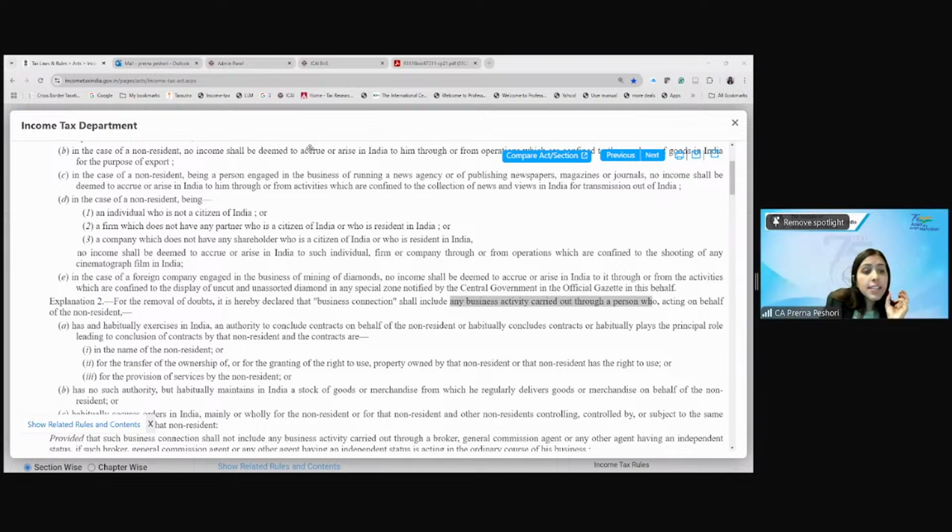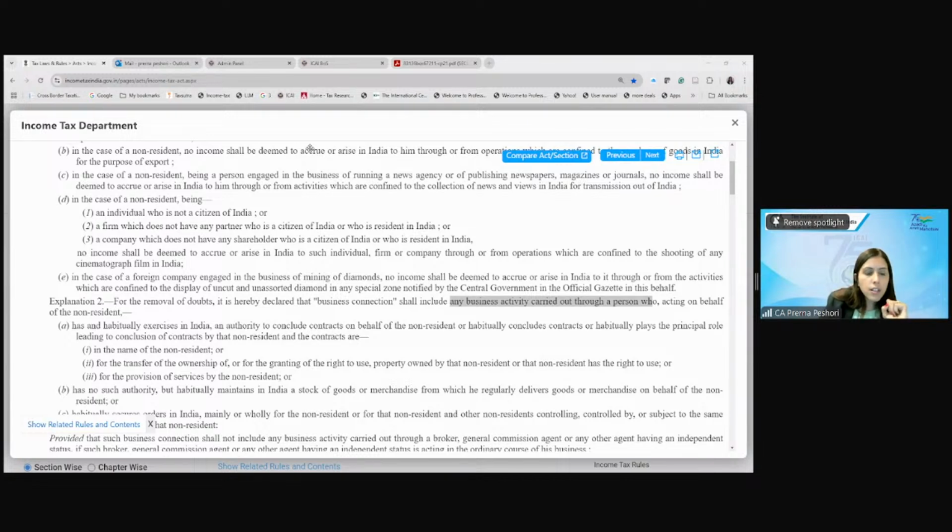So this was leading to tax avoidance, isn't it? Because if you do not have a business connection in India, obviously your business income will not be taxable in India, because your agent is not technically concluding the contracts in India. So this was a major tax avoidance concern which was felt.